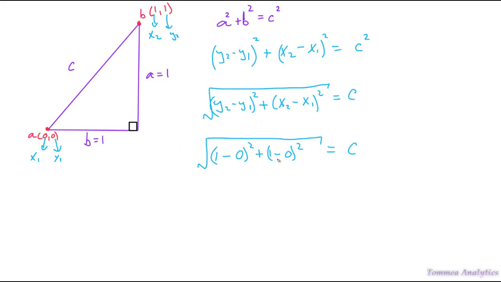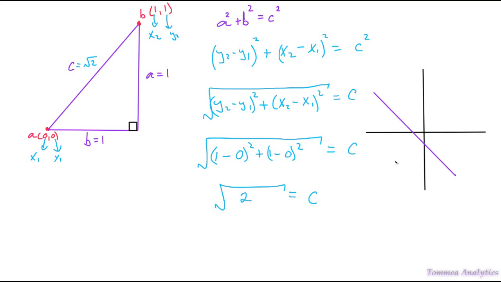So 1 squared plus 1 squared, we get the square root of 2. And that's equal to c. So we say that c is equal to the square root of 2, and that is the distance between the points A and B. This idea works for any line connected by two points on the two-dimensional xy plane.